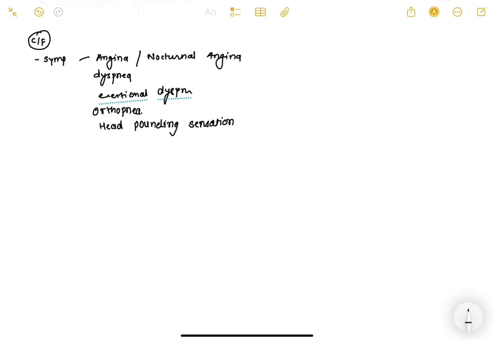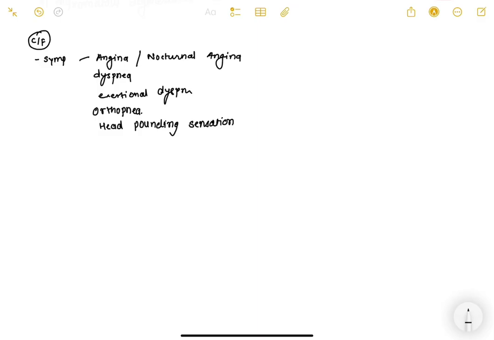The patient will say, sir, I'm sleeping at night and suddenly I get a chest pain which is unbearable, or he may complain of breathing difficulty after exertion, and he will tell that I feel like a pounding sensation in my head. So these are the symptoms of aortic regurgitation.